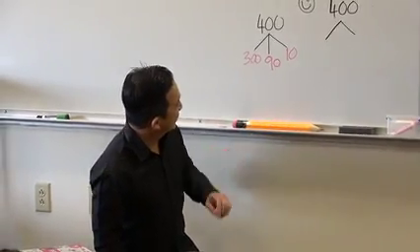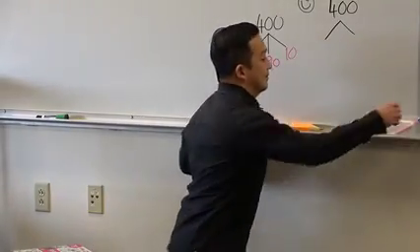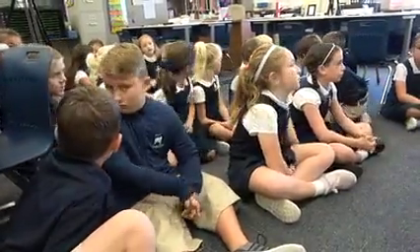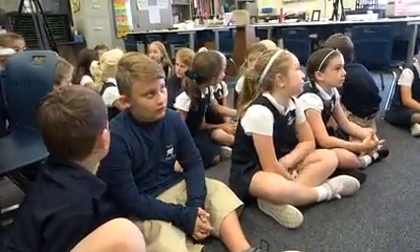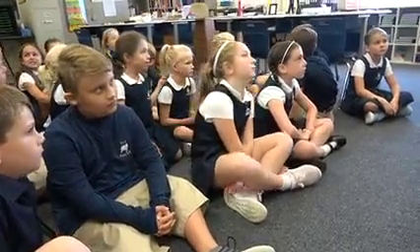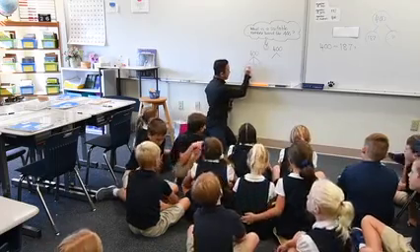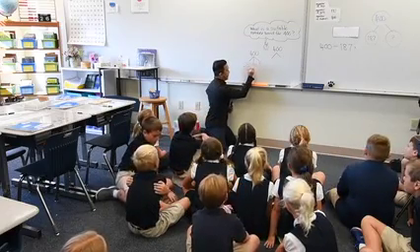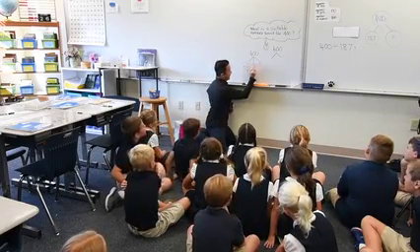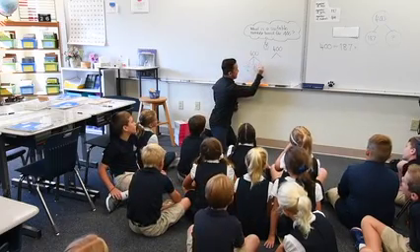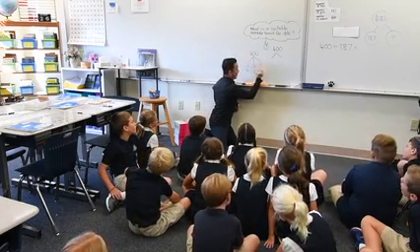So he's going to do 200 plus 200 minus 13. Alright. So when you take away 100, I wonder what's left. When you take away 80, I wonder what's left. And when you take away 7, I wonder what's left.